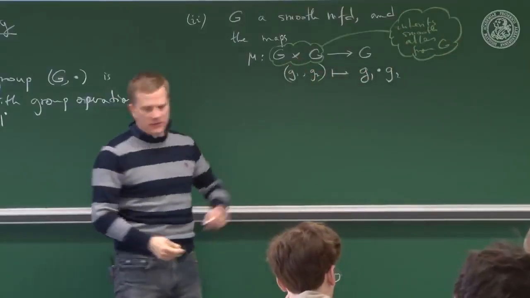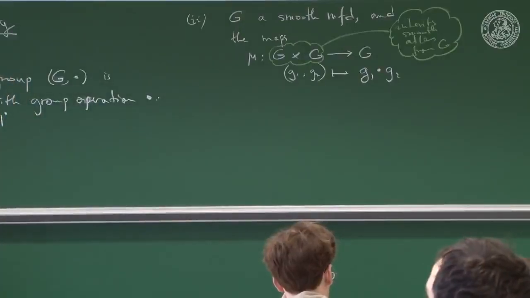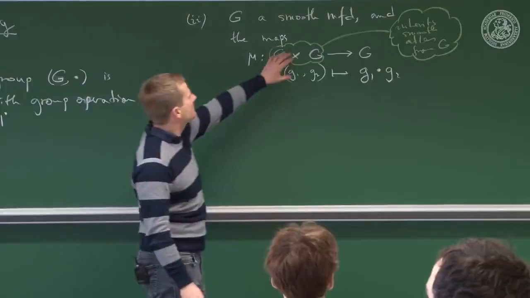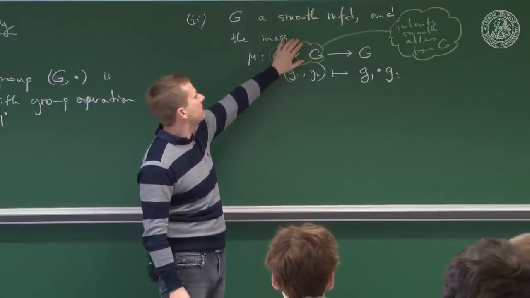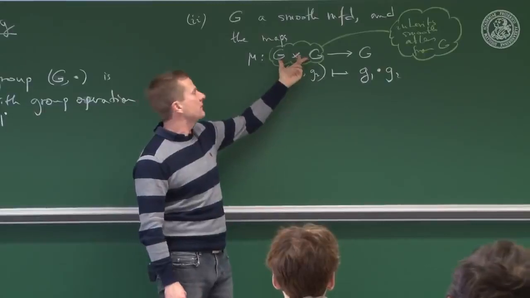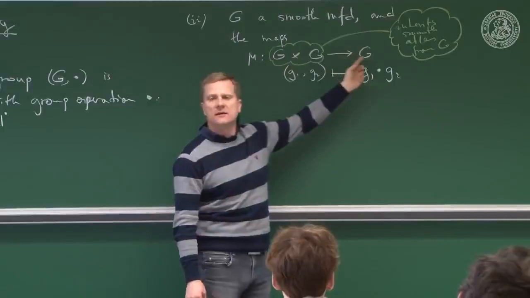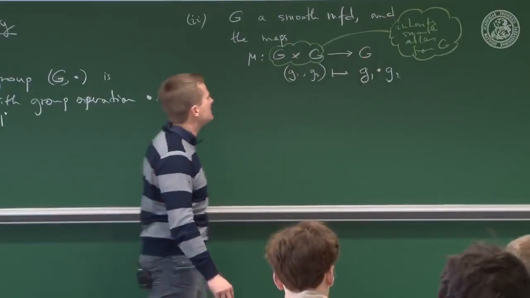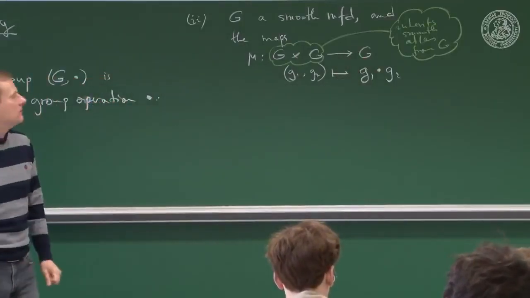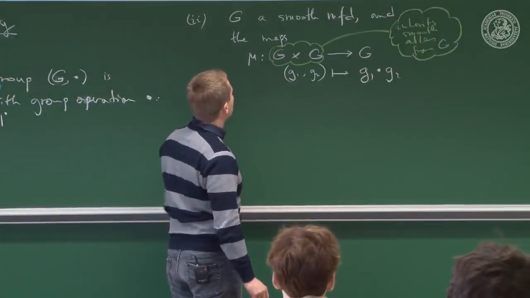So you can equip the Cartesian product of the underlying topological manifolds again with a smooth atlas, with the result that this is again a smooth manifold. Now, if this is a smooth manifold and this is a smooth manifold, we have a map mu between smooth manifolds, and we can require this map mu to be smooth.